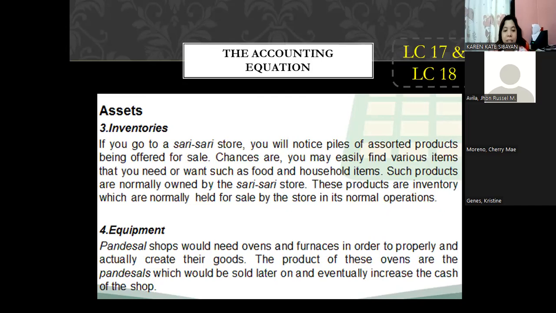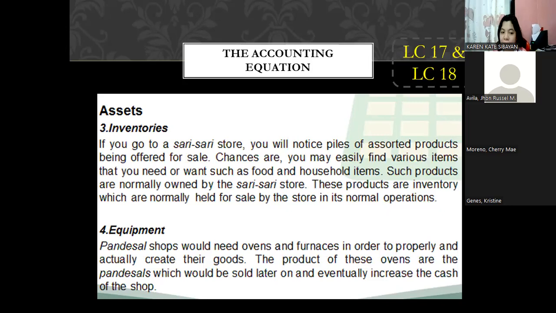So anyway, equipment. So for example, pandesal shops would need ovens and furnaces in order to properly create their goods. So the product of these ovens are the pandesals, which would be sold later on and eventually increase the cash of the shop. So equipment. For example, another business, if you want to have a restaurant, what equipment ang kailangan mong bilhin na kakailanganin mo sa business mo?